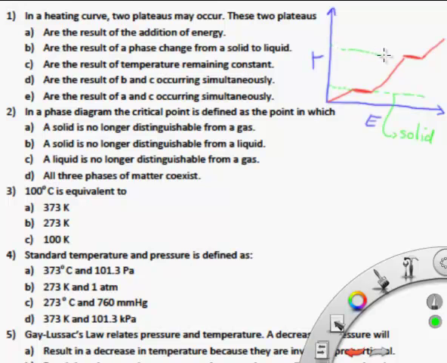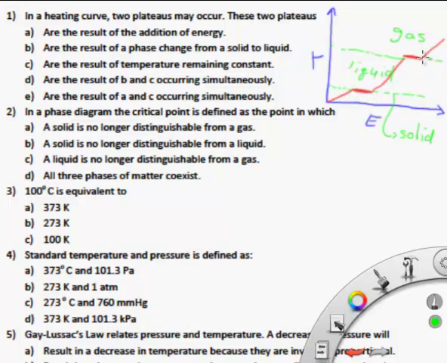As it plateaus and then begins increasing again, we enter the liquid state. Plateaus again, it starts rising again. Now we're in the gaseous state. So this is a heating curve showing the transition from the solid to the liquid to the gas phase.